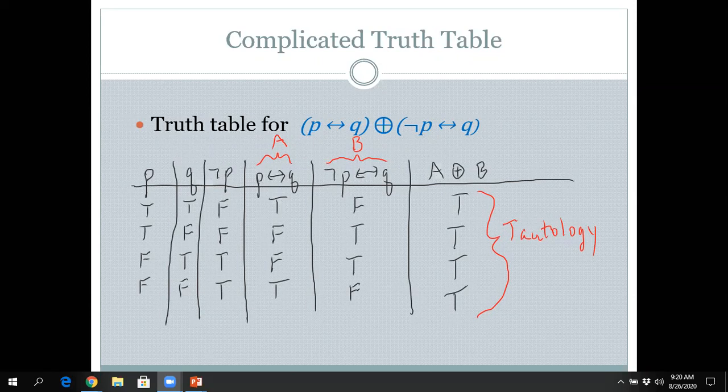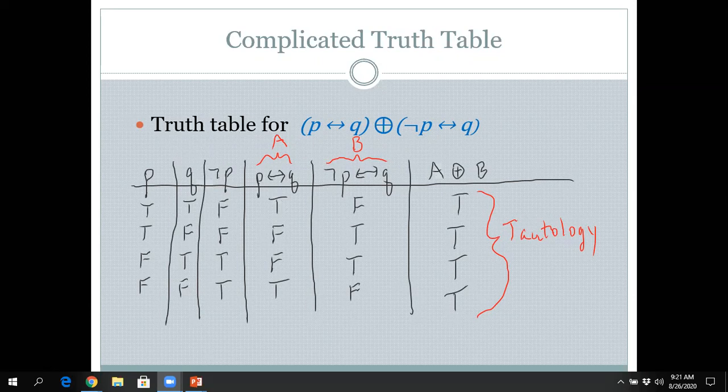Okay, so there was a hand up here in the back. What did you have, something to ask, sir? Yes. So for the A plus B thing, just from the P to Q or the not P to Q, just one of those sides has to be true for the last statement to be true. Are you talking about the if and only if, the biconditional, or are you talking about the last column?